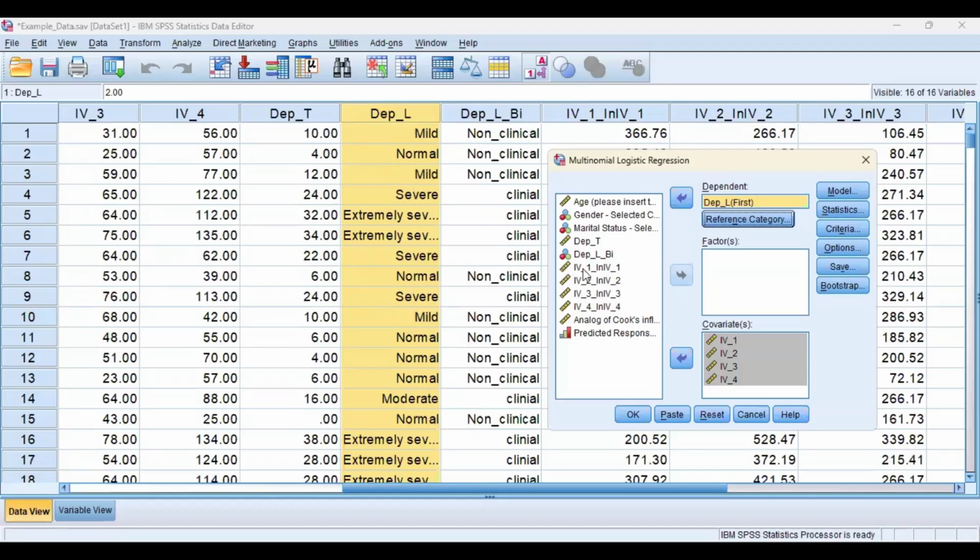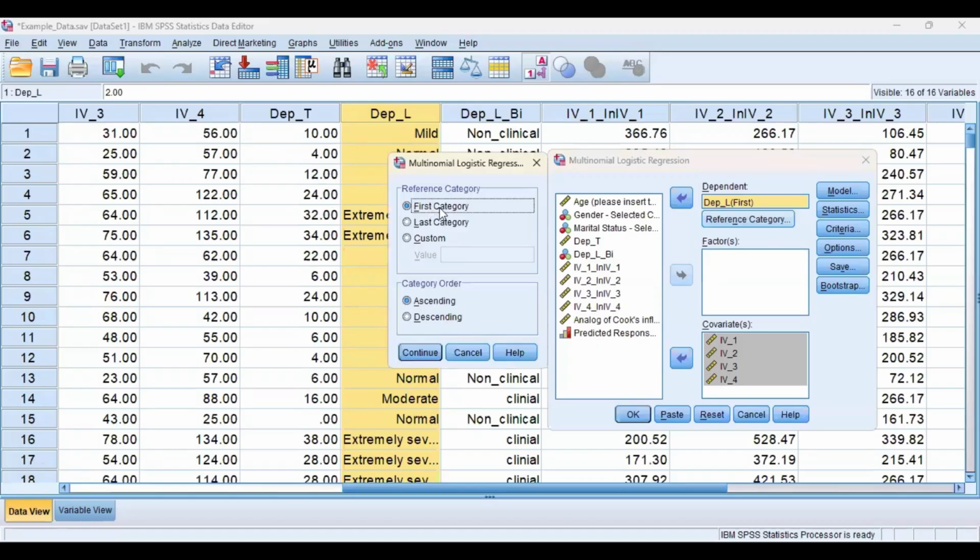It can also show if they can increase the odds of severe versus normal, or moderate versus normal. So normal is the reference for our comparisons. It will make better sense when I show you the actual output. But for now, for my type of data, it would work better if I change it to the first category because I want the normal levels of depression to be the reference for comparisons.